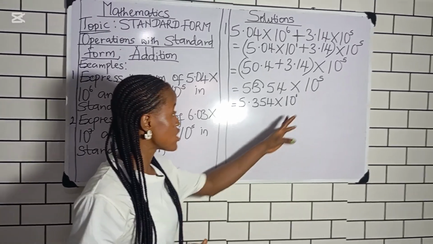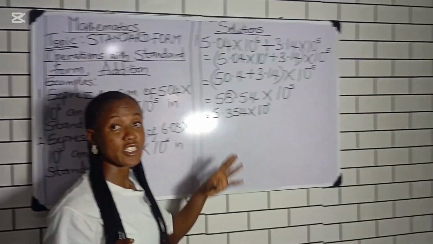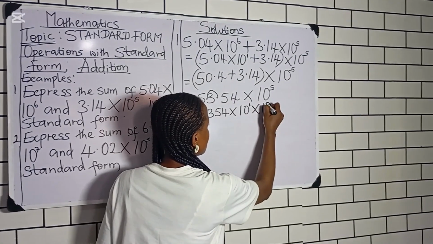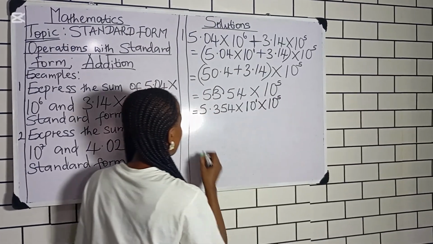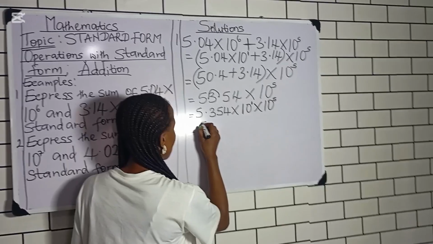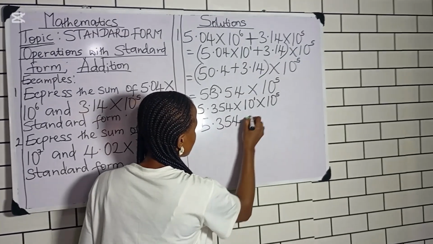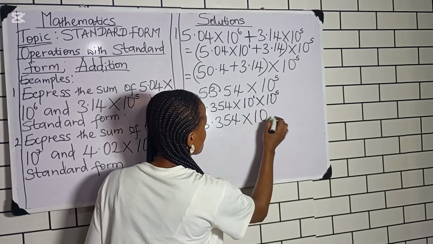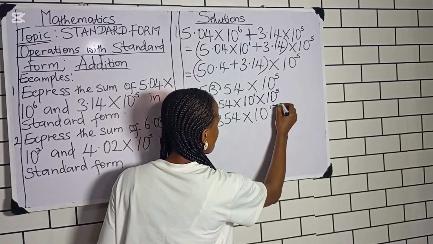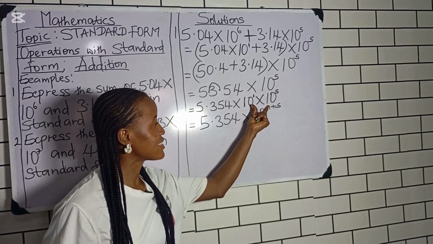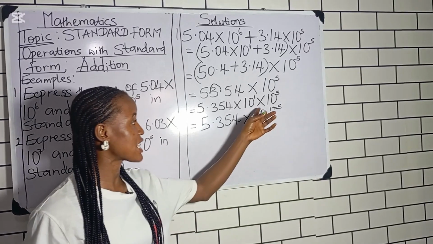That's why the power of 10 here is not a negative sign. Times 10 raised to power 5. This will give us equals to 5.354 times 10 raised to power 1 plus 5. We are adding the powers because the bases are the same and we have a multiplication sign in between.